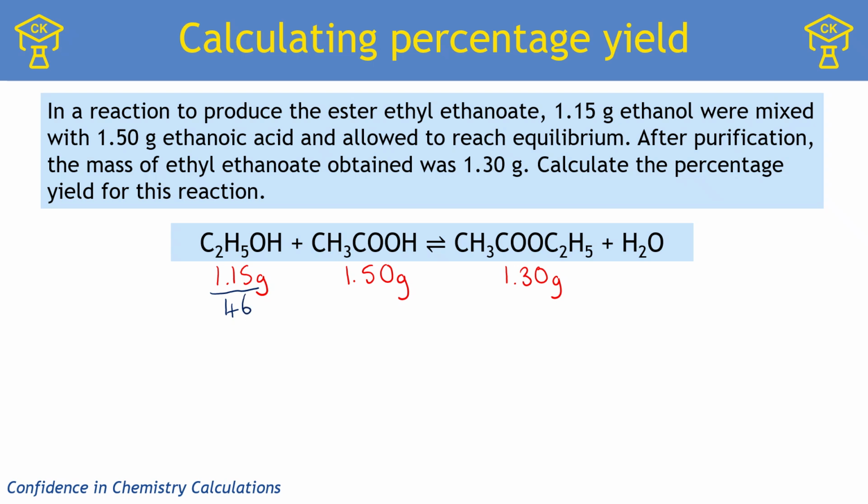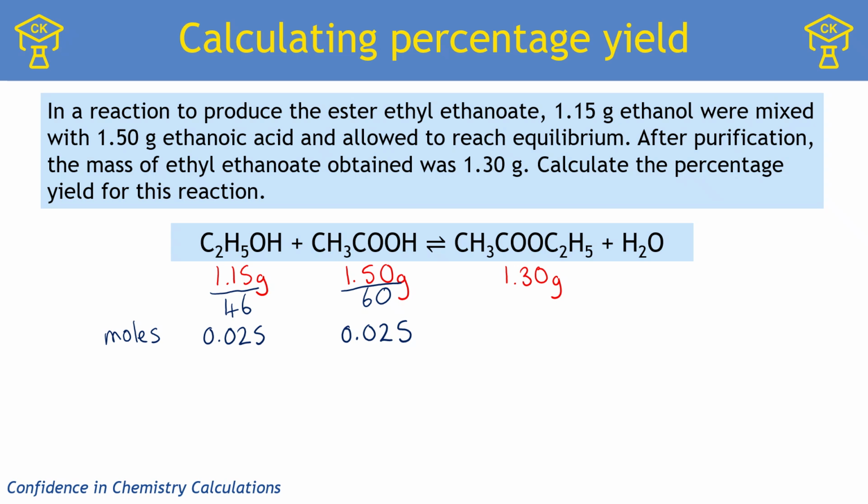My RFM of ethanoic acid is 60, so I do 1.5 over 60. That gets me my moles of both substances. Now it turns out that both of the moles are exactly the same. I have 0.025 moles of each compound.